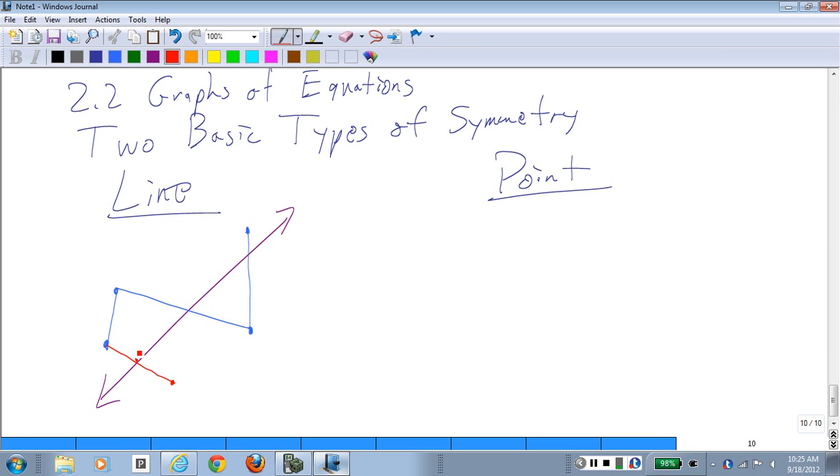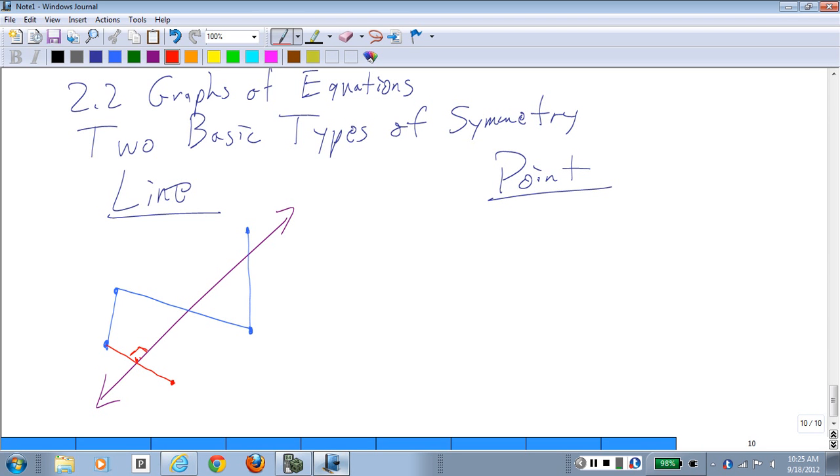Looks like I went maybe a little bit too far, but I won't be too hard on myself. And this is a perpendicular line. It's perpendicular to the line segment. So that's kind of what that would look like.